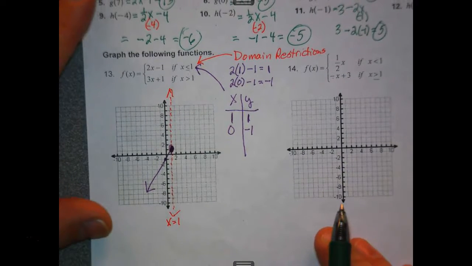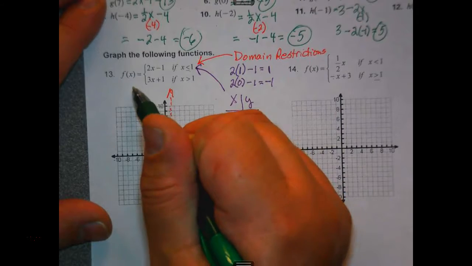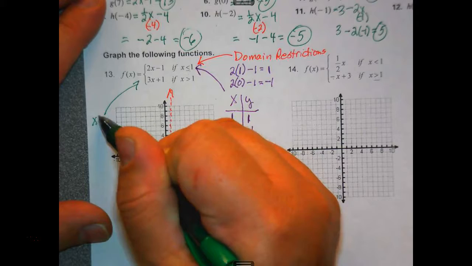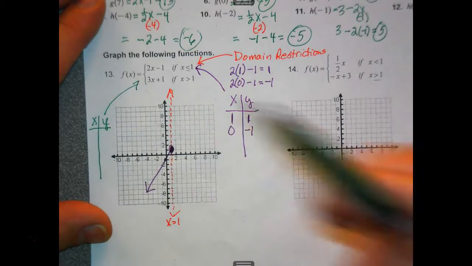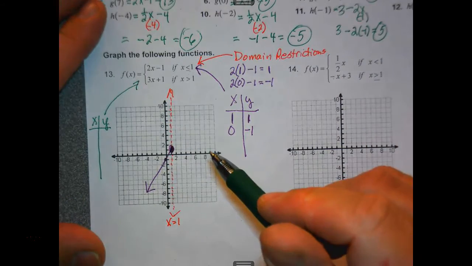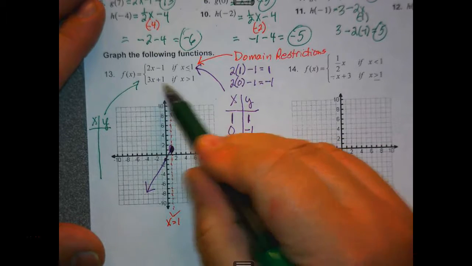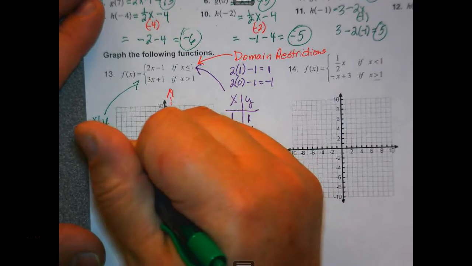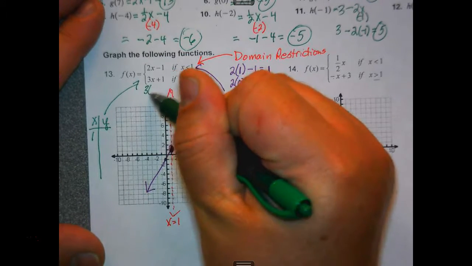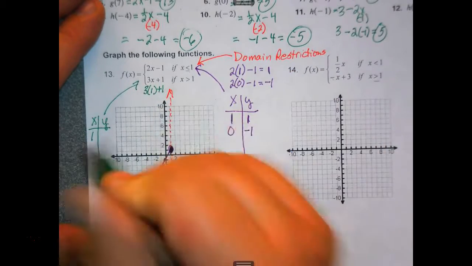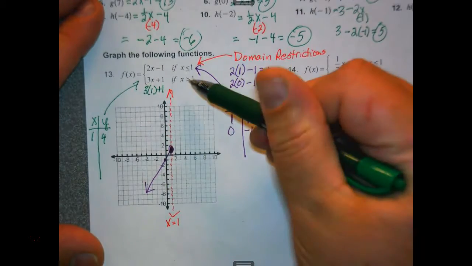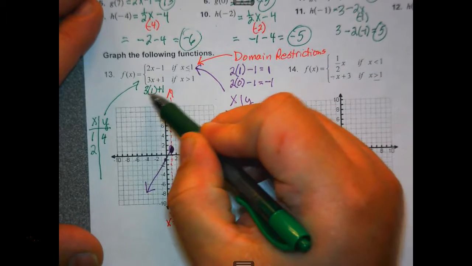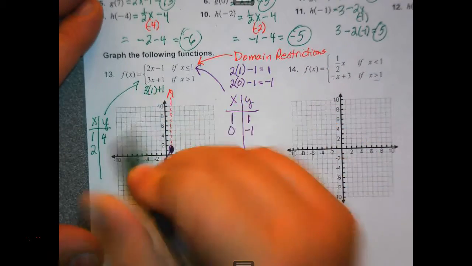Okay, now we get to graph the other one. Which points am I going to use? I need 2 points. Definitely going to use 1. So 3 times 1 plus 1 is 4. Now I need another point that's greater than 1. 2 works. 3 times 2 plus 1.